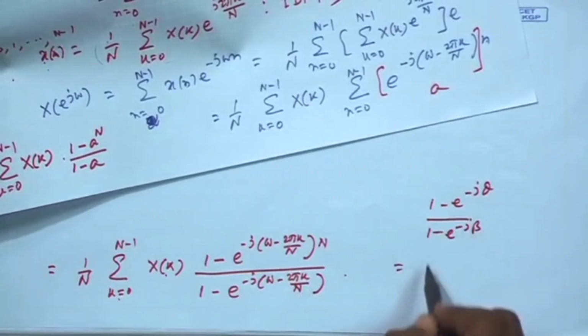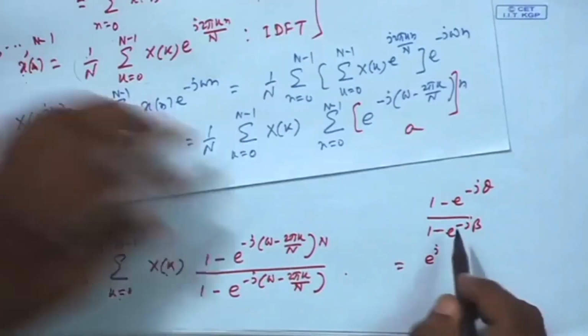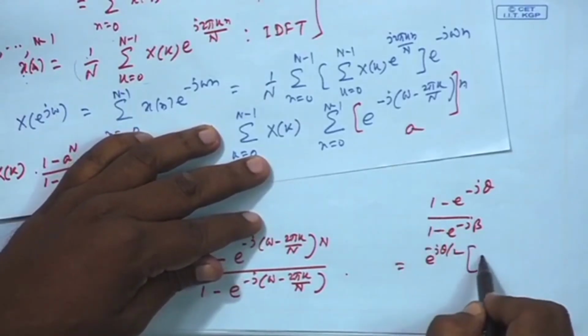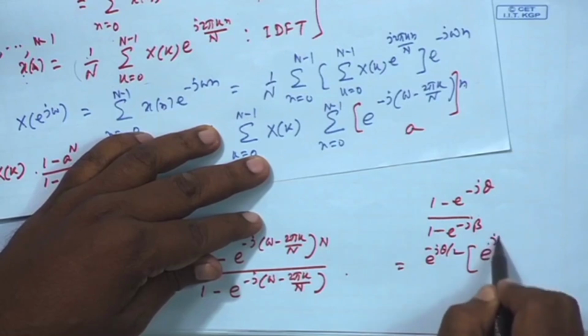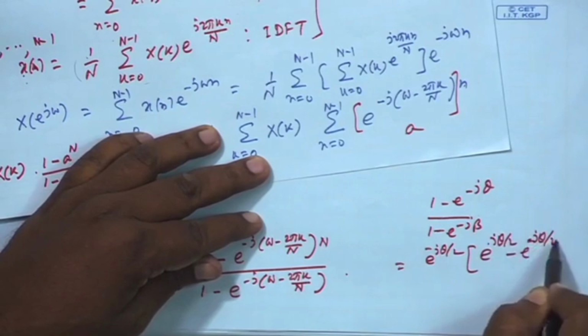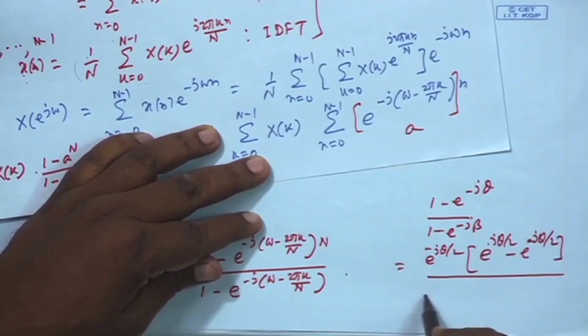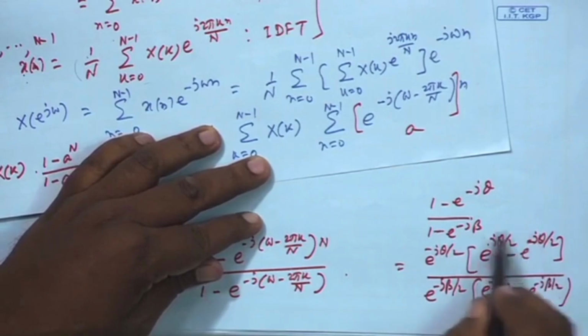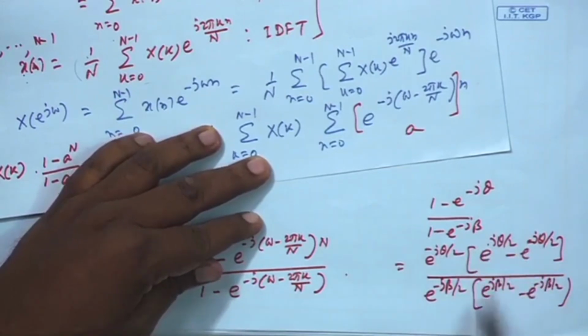So, then you take e to the power minus j theta by 2 out. So, it will be e to the power j theta by 2 minus e to the power minus j theta by 2, divided by, again you take e to the power j beta by 2 out, so it will be e to the power j beta by 2 minus e to the power minus j beta by 2. So, this is twice j sin theta by 2, this is twice j sin beta by 2.